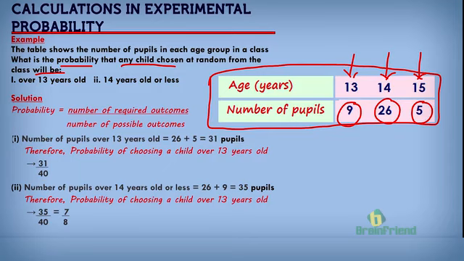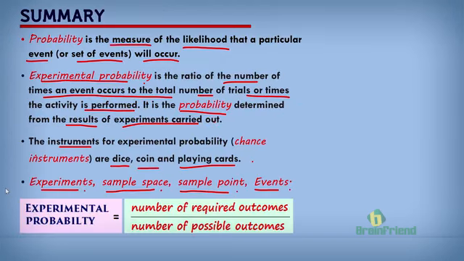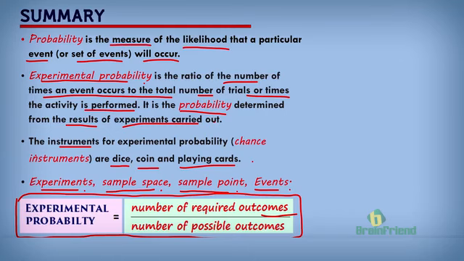We also learned about sample space, the total number of possible outcomes of an experiment. We learned about the sample point, one possible outcome out of the total number of possible outcomes. And we learned about the event, that is the result of an experiment. And finally, we learned about the formula for experimental probability, which we said is the number of required outcomes all over the number of possible outcomes.